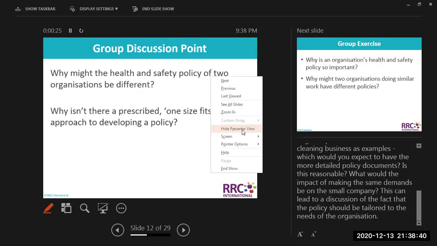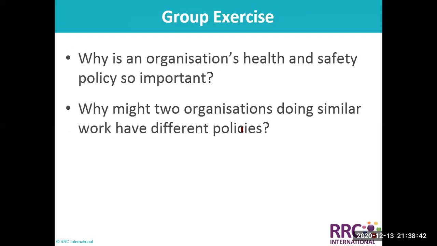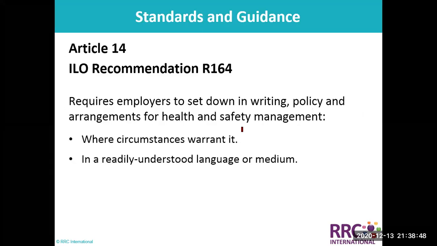Having said that, Article 14 of Violence Recommendation 164 requires employers to set down in writing policy and arrangements for health and safety management, where circumstances warrant it, in a readily understood language or medium.